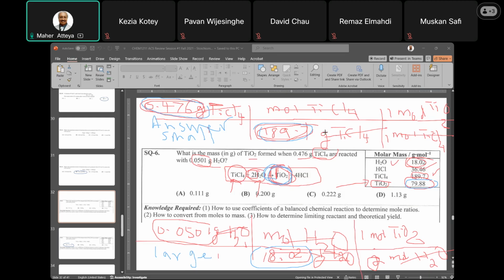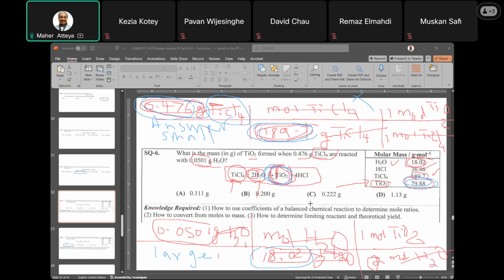So this is the limiting reactant. You base your calculation on this amount divided by the molar mass of TiCl4, correct? Then whatever answer comes out, you multiply it by the molar mass of 79.88, the product molar mass, to get the number of grams.